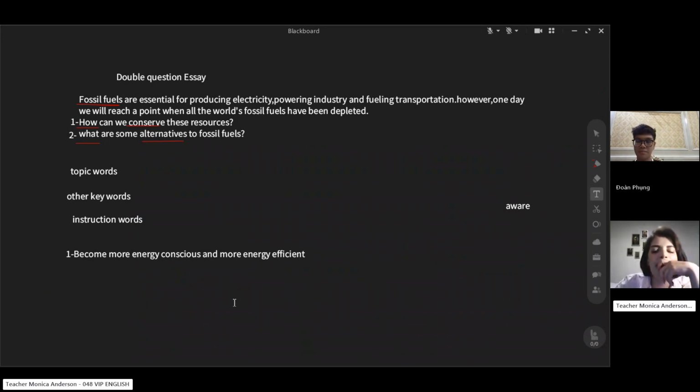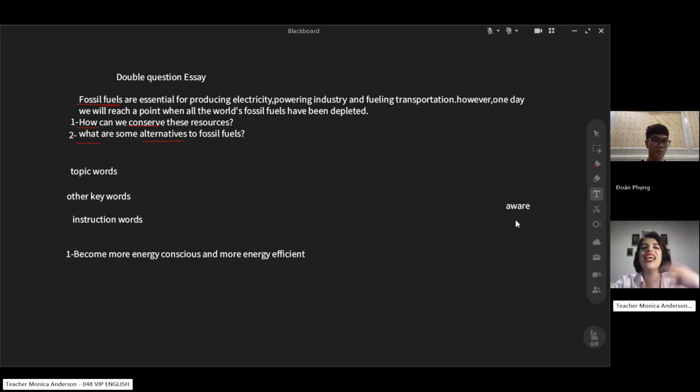Okay, so the first one, energy conscious, means we need to be aware of energy. And the second one, energy efficient, means using less energy to perform the same task.